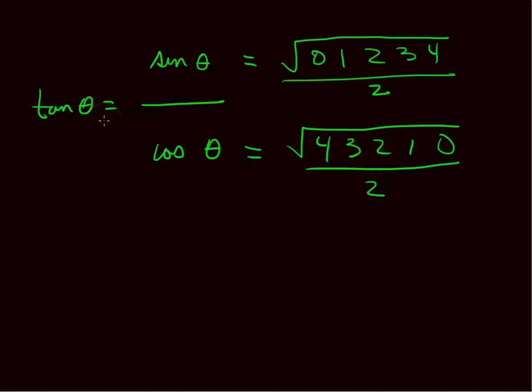And we can say this is, I'm going to use radians, for 0 radians, pi over 6 radians, 30 degrees, pi over 4 radians, 45 degrees, pi over 3 radians, 60 degrees, pi over 2 radians, 90 degrees.